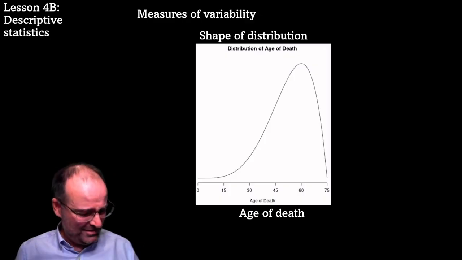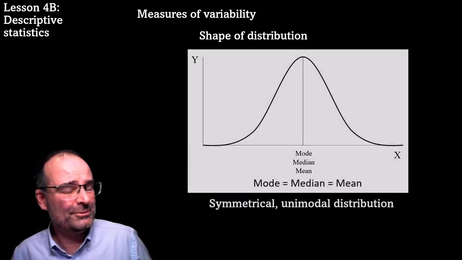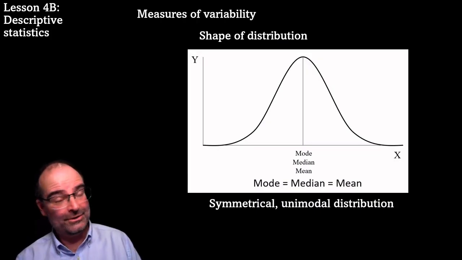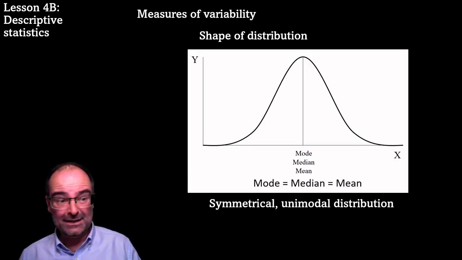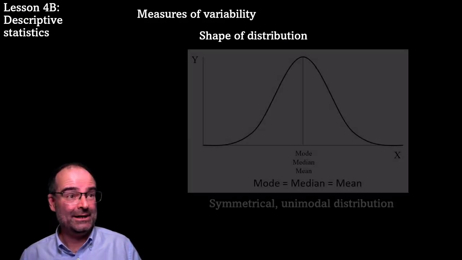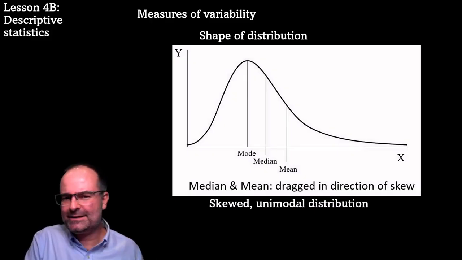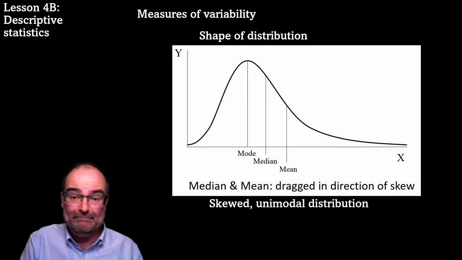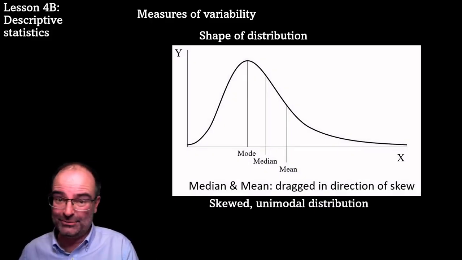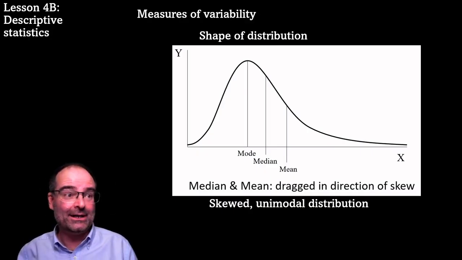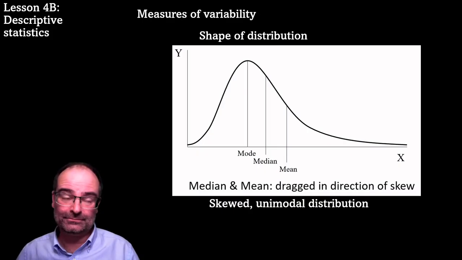So think of skew, think of point when you're describing distributions. I've mentioned this already: in a symmetrical unimodal distribution, the mode, the median, and the mean are all in exactly the same place. But when you get skew, going back to the first part of the lesson about how the mean is affected by extreme values more than anything else, the mean is dragged the furthest in the direction of the skew.